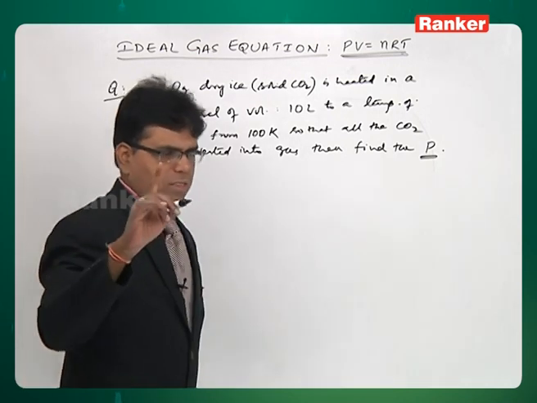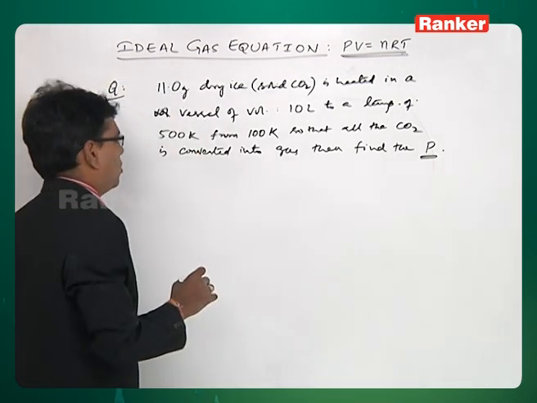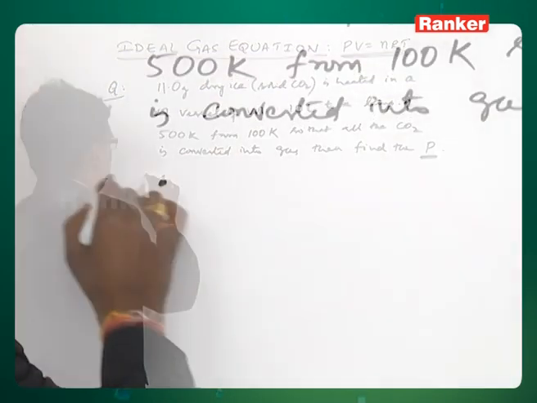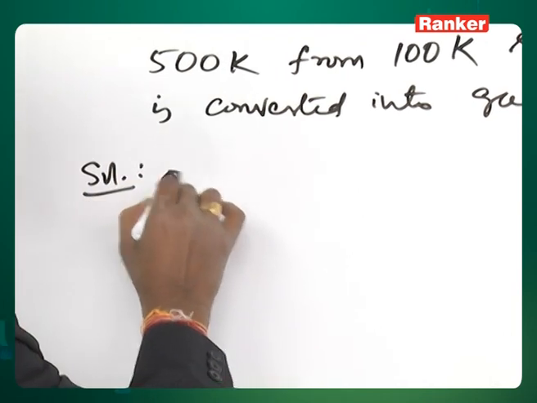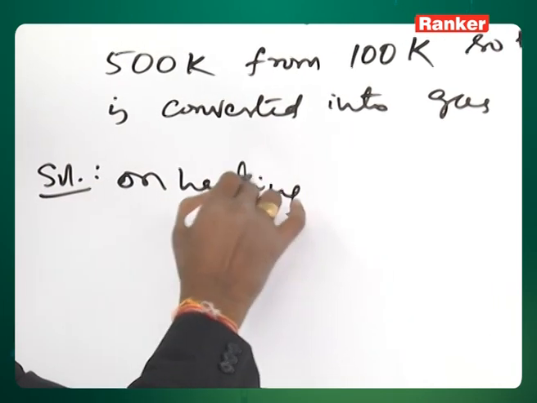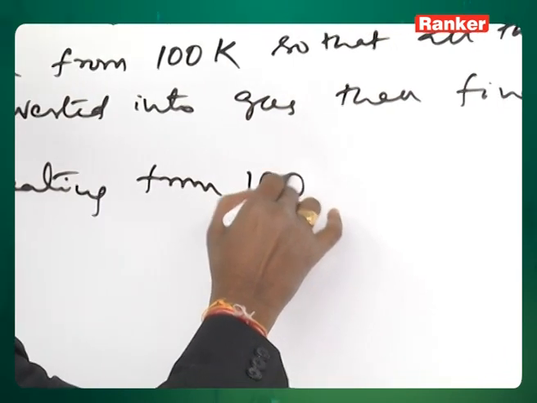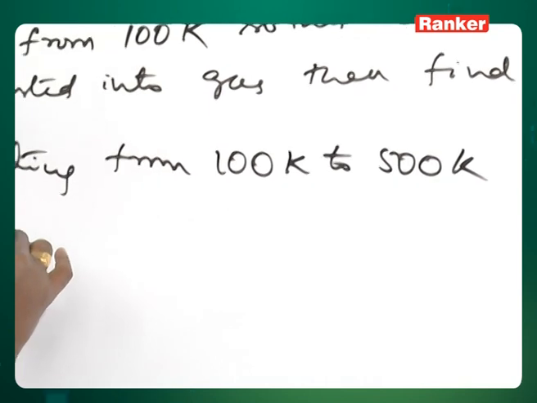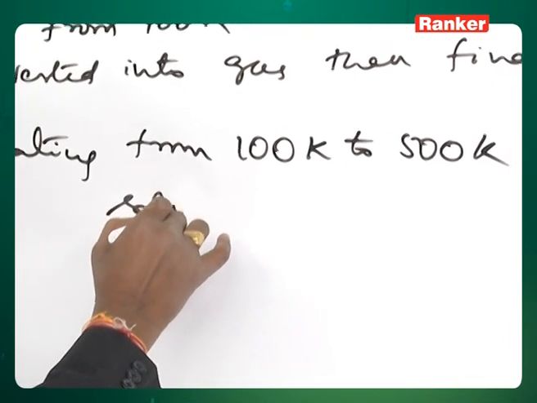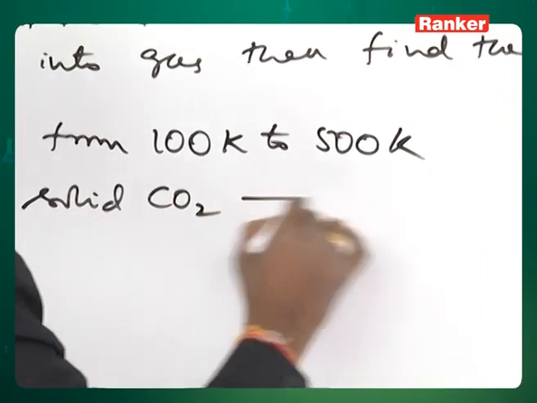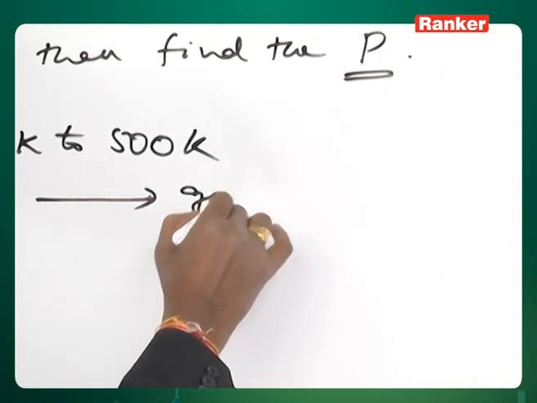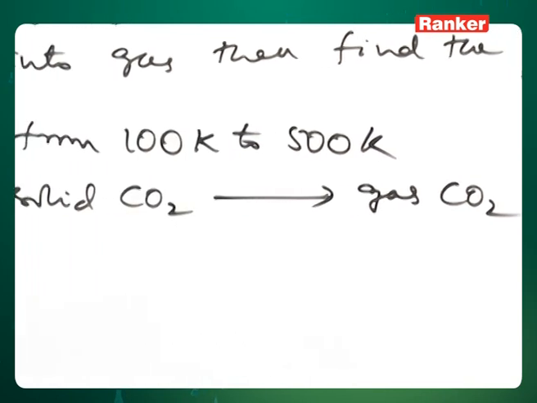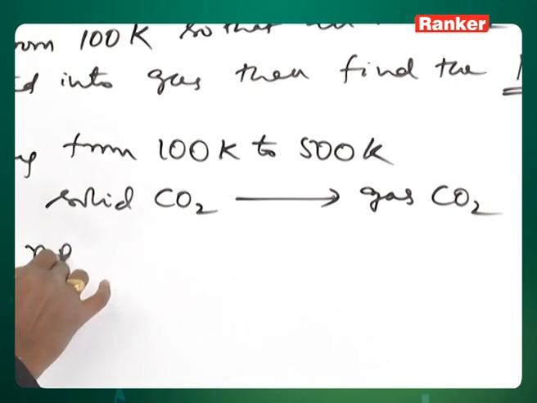First of all, before answering this question, on heating from 100 Kelvin to 500 Kelvin, one point is sure that solid CO2 changes to gaseous CO2. So, then you can apply the equation PV equal to nRT.